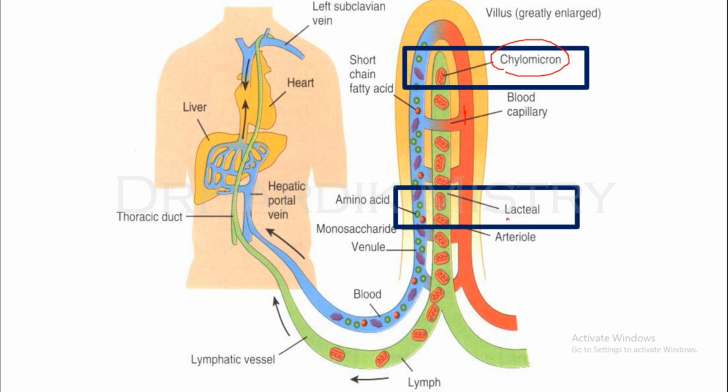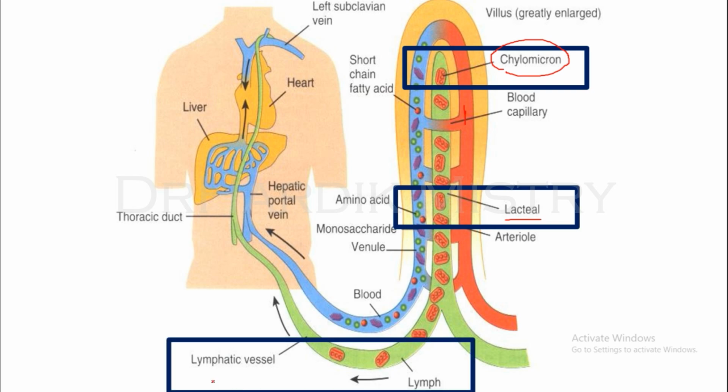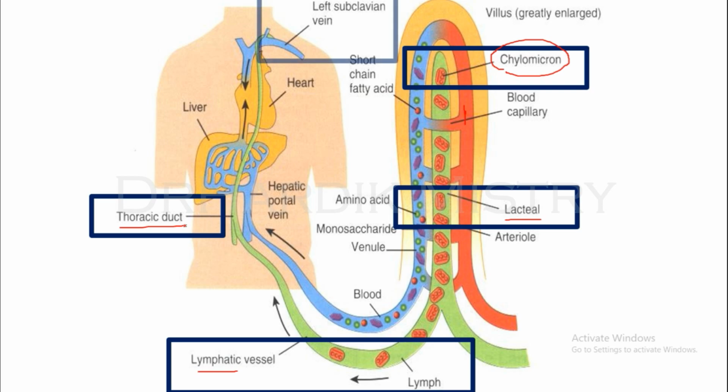So this is the lacteal, in which the chylomicron has already entered. Via the lymphatic vessels, it enters into the thoracic duct, and via the thoracic duct it enters into the venous circulation inside the left subclavian vein. So this is how the digestion and absorption of the different types of fat and protein substances takes place inside our body.